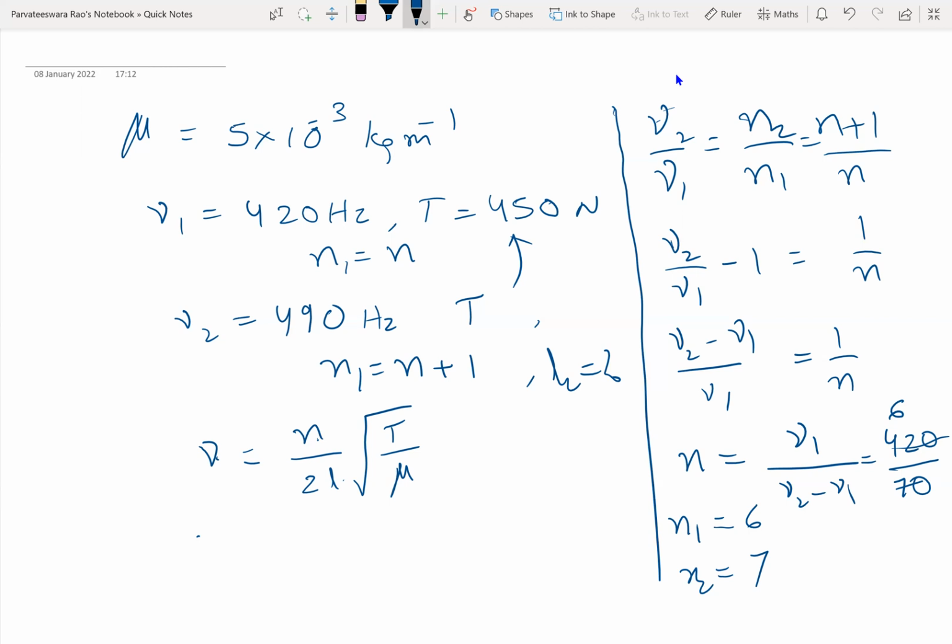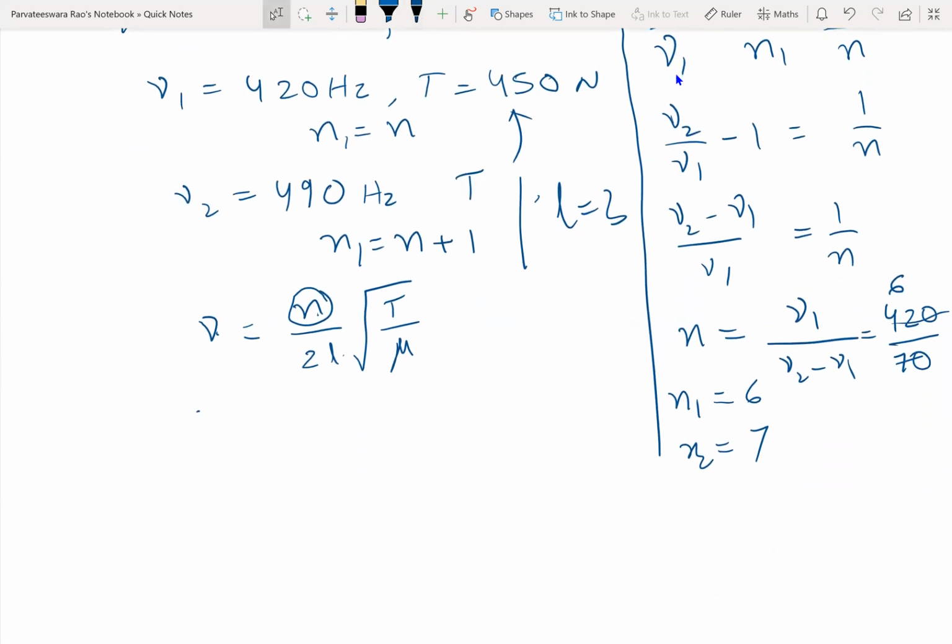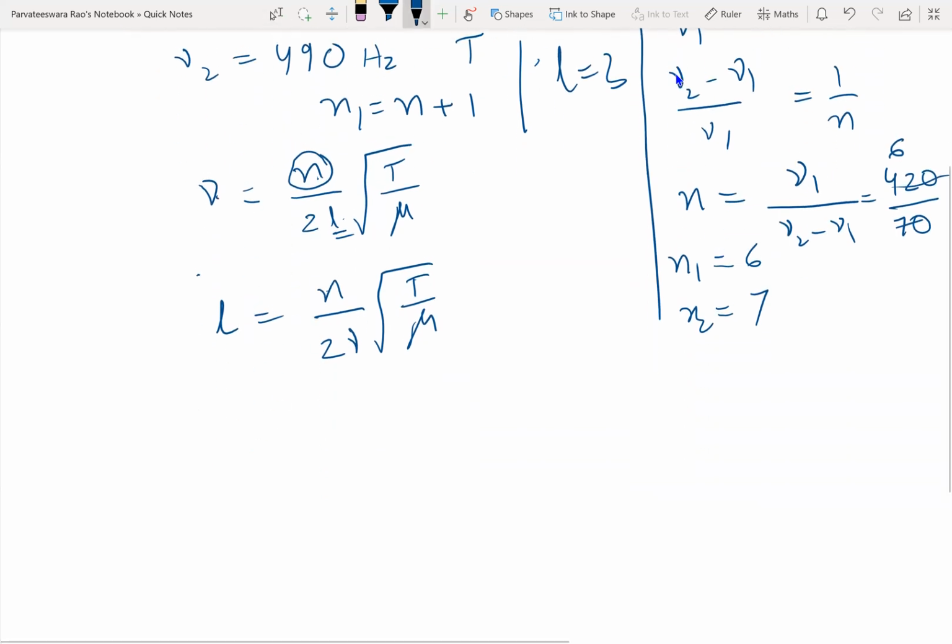So the length of the wire is the same in both cases. You have been asked to find the length. Only the number of loops is changing. So you need to find this L. Therefore, L is equal to n by 2 nu into root of T by mu.